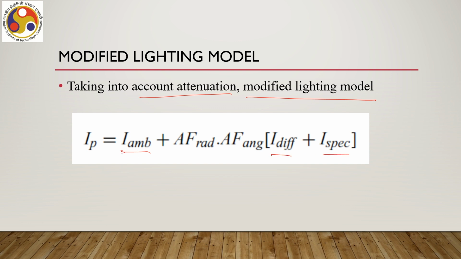Now, for IM we are not taking into account the intensity attenuation, but for diffuse and specular reflection we are doing that by multiplying these two factors with the sum of these two components. Now, if these are 1, that means the factor is uniform, that means we are not taking them into account, then it boils down to the earlier formulation. If it is not 1, then the effect is taken care of.